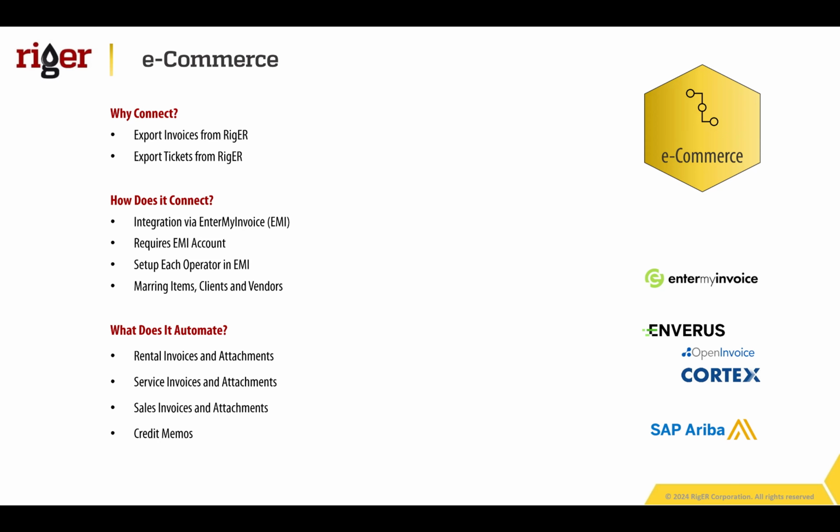So how does it work? We use the connector platform called Enter My Invoice to connect with Open Invoice, Open Ticket, and SAP Ariba. The client opens the AMI account, and AMI starts building the integration with every single operator step by step.